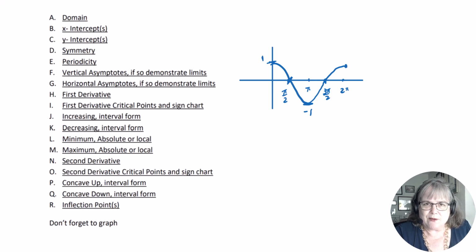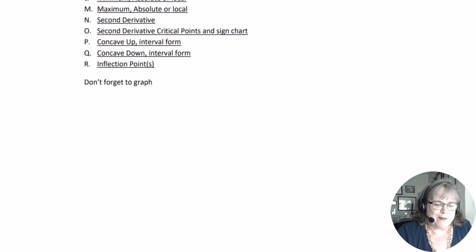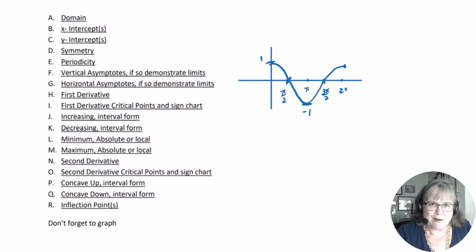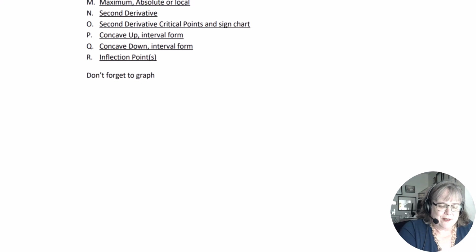It has a period of 2 pi, but we are just going to talk about a version of this from 0 to 2 pi. So just keep up with where cosine is 0. What we are going to explore is secant squared x.